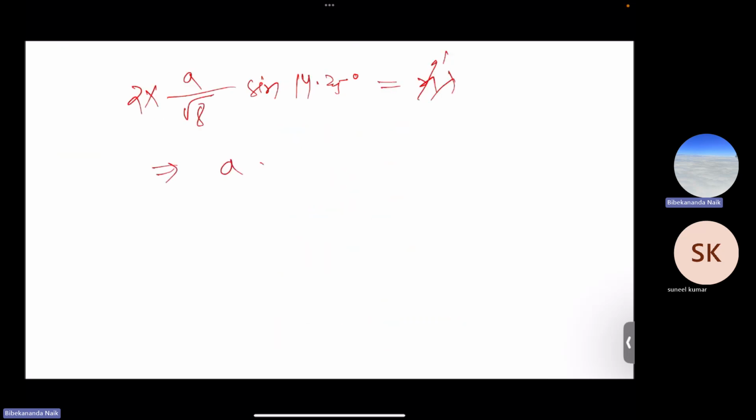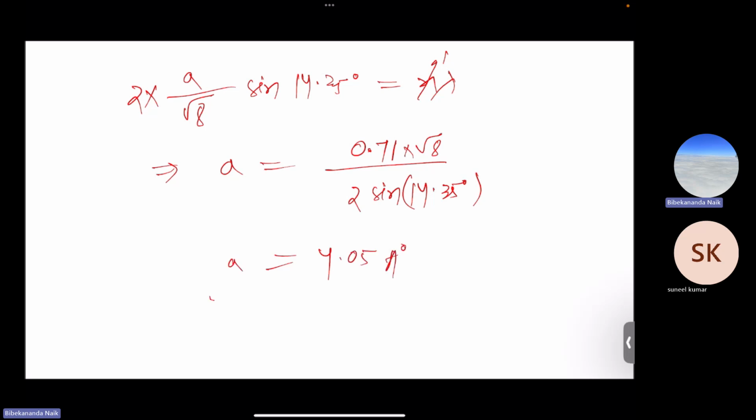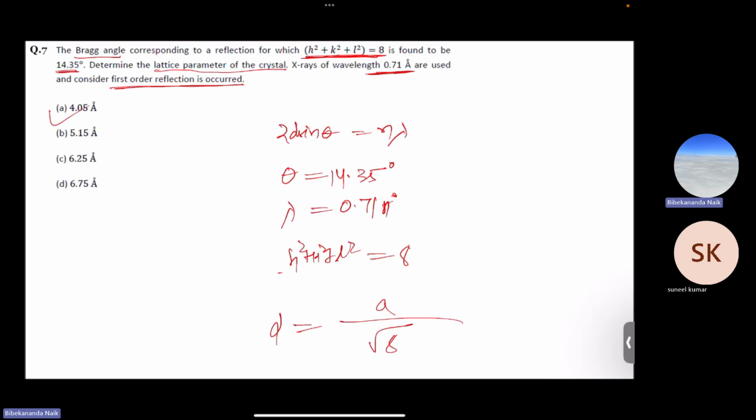So a will be 0.71 times root 8 divided by 2 sin 14.35 degrees. It will be 4.05 Armstrong. So the correct option will be option A, 4.05 Armstrong.